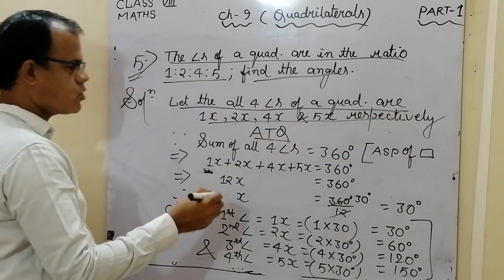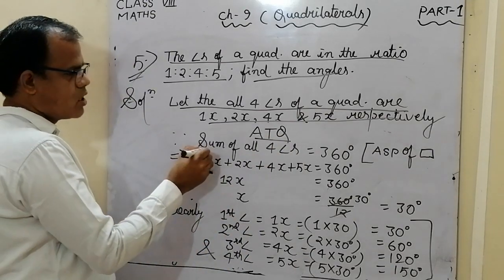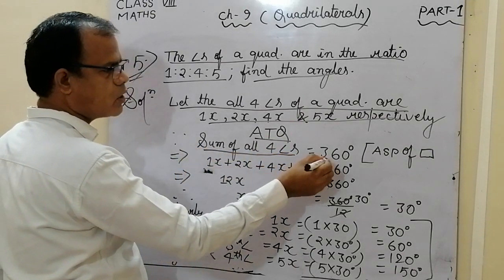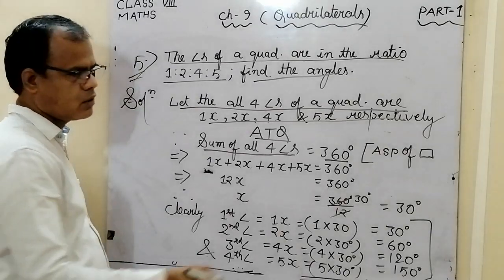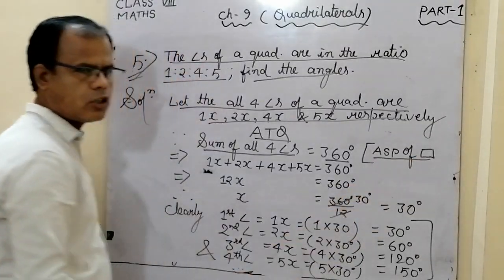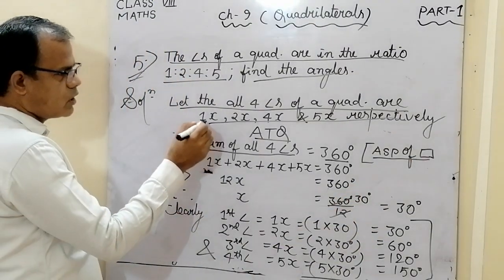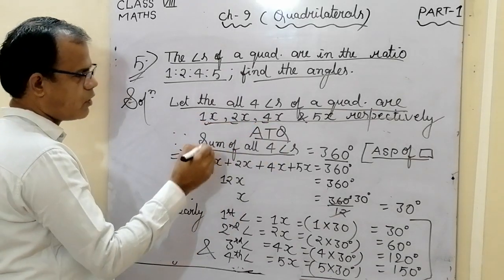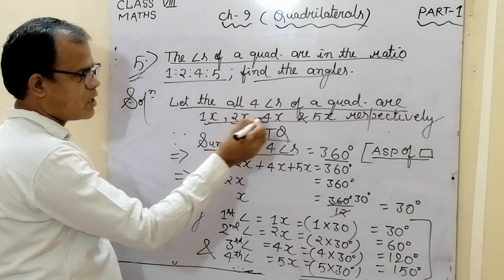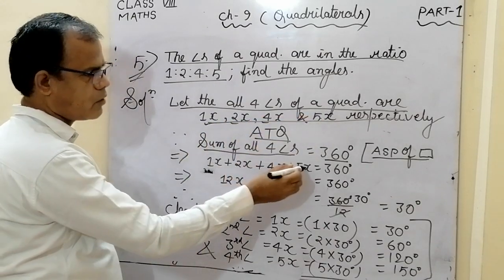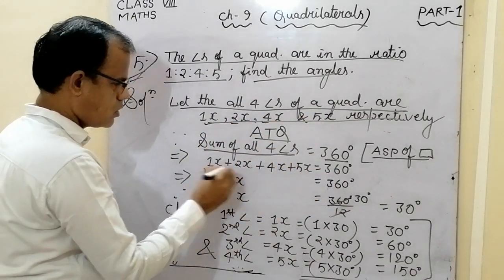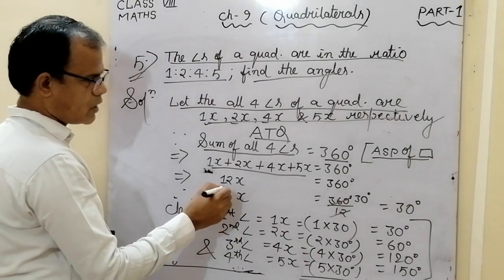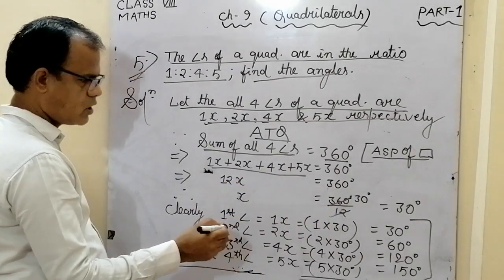According to the question, as we all know, the sum of all 4 angles equals 360 degrees. Why? Because of angle sum property of quadrilateral. So we find their sum: 1x plus 2x plus 4x plus 5x equal to 360. So it becomes 12x. 12x equals 360 degrees.